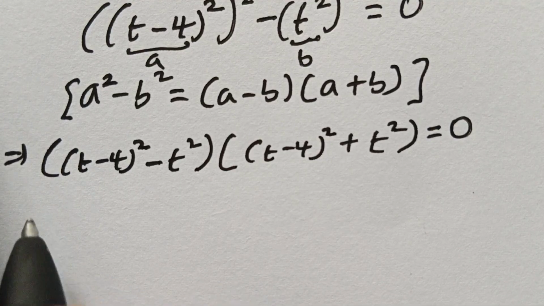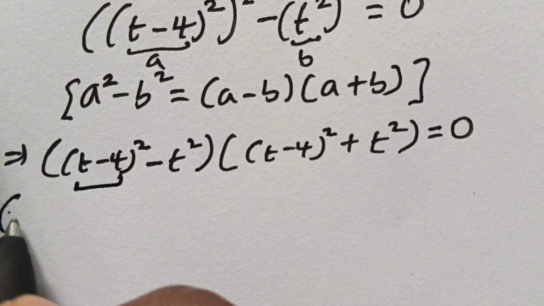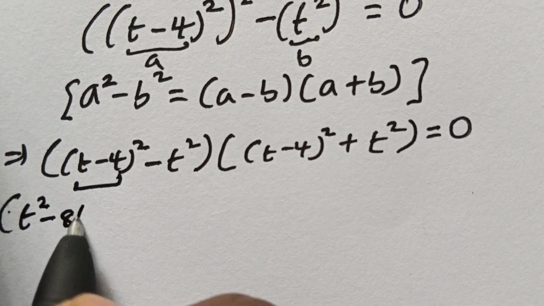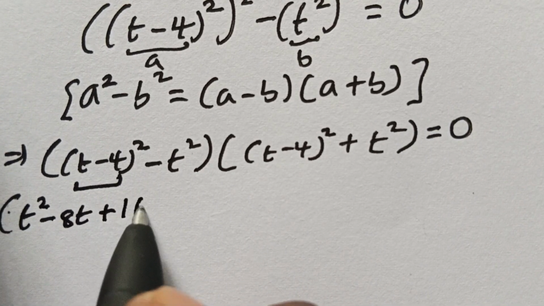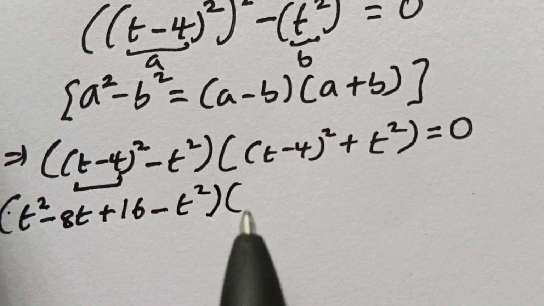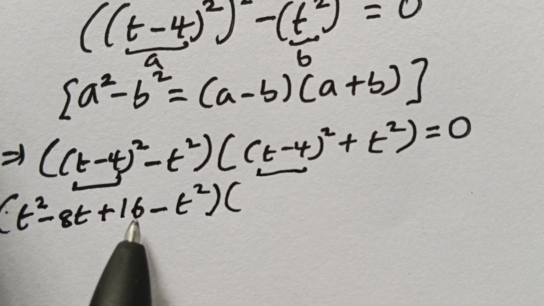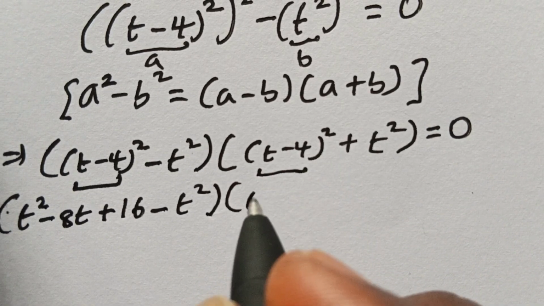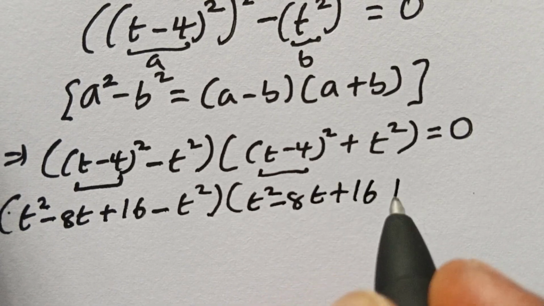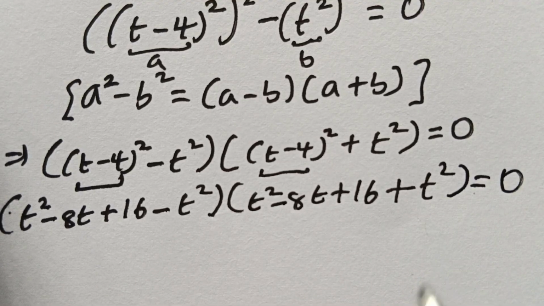This implies that if you expand (t minus 4) squared very well, you're going to have t squared minus 8t plus 16, minus t squared, times, expanding (t minus 4) squared again, t squared minus 8t plus 16 plus t squared, everything equal to 0.